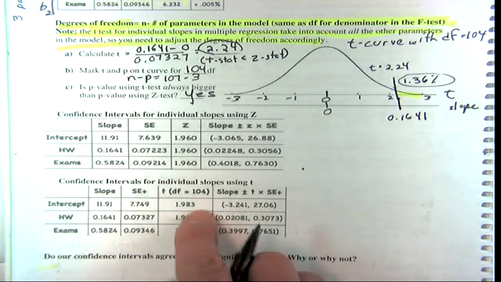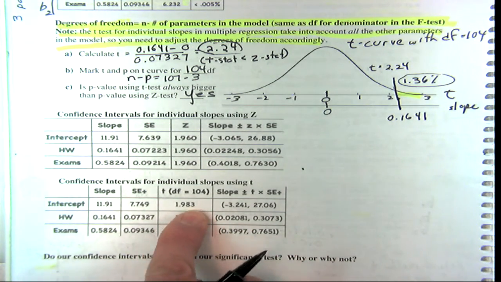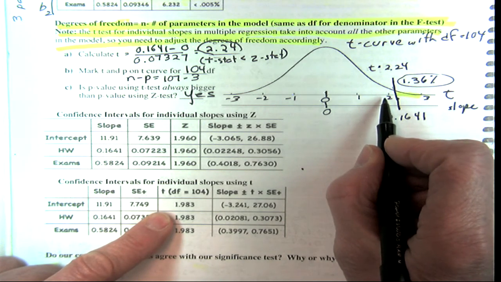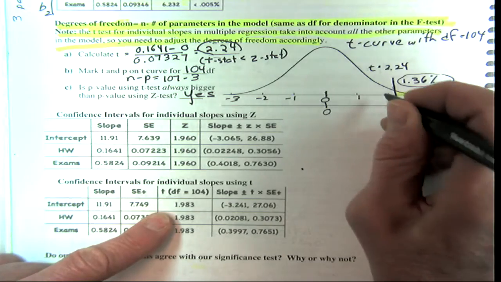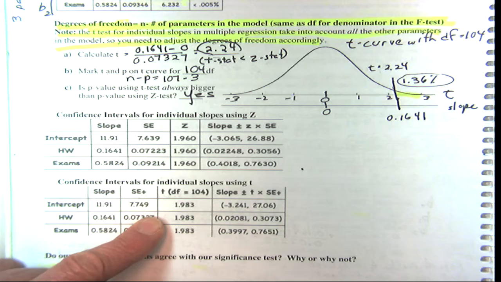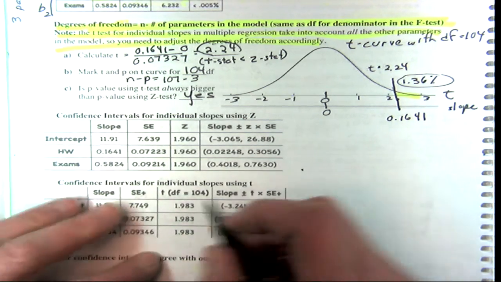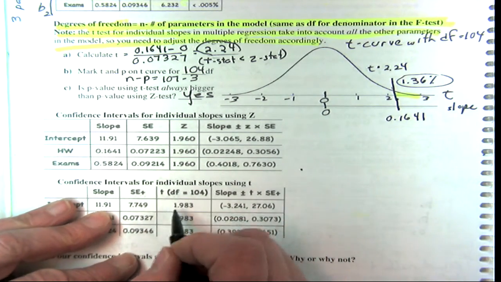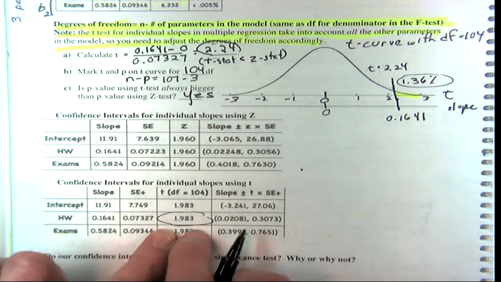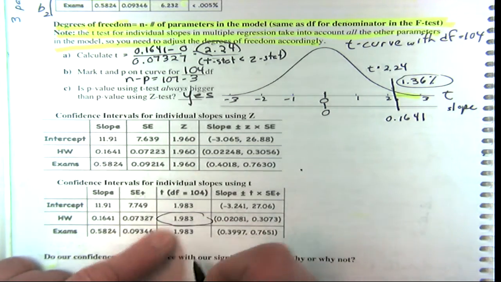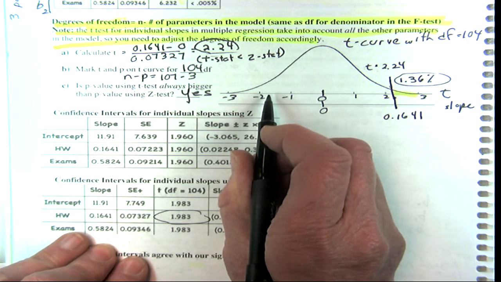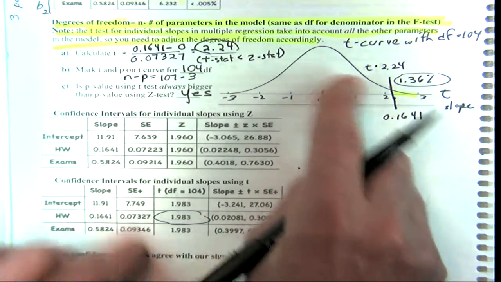So what this 1.983 is saying is that between 1.983 and negative 1.983 is 95% on this curve.